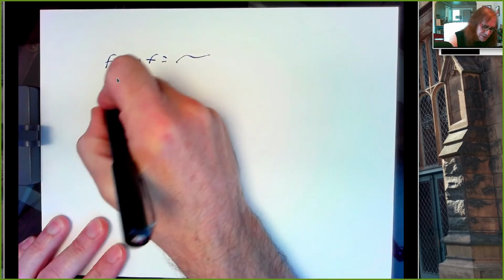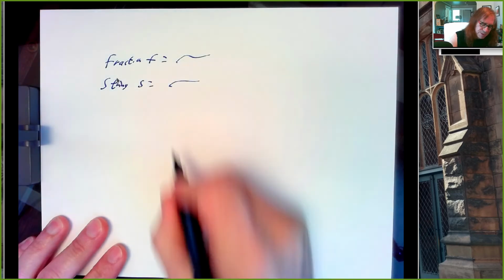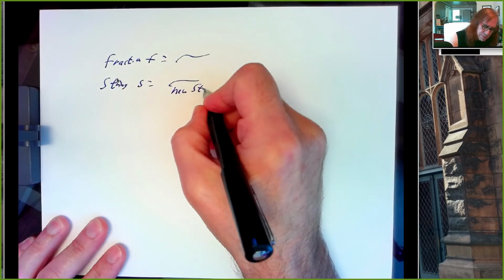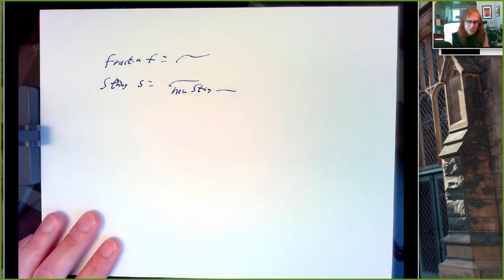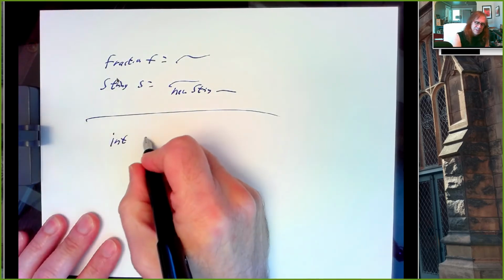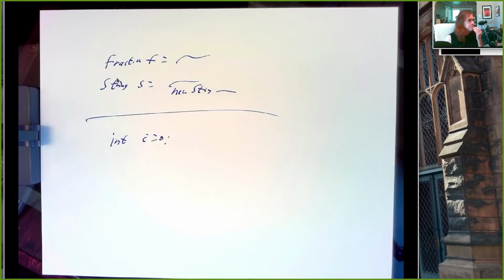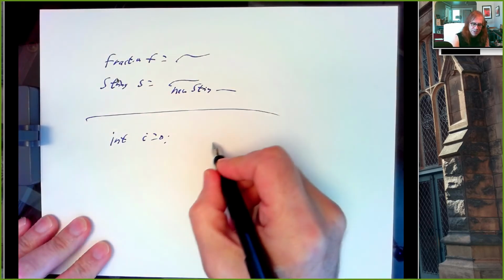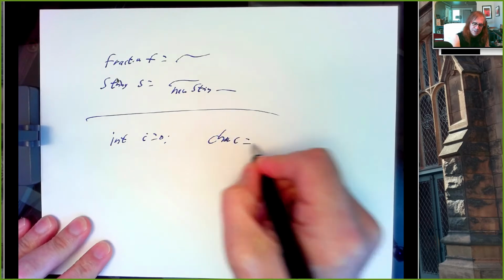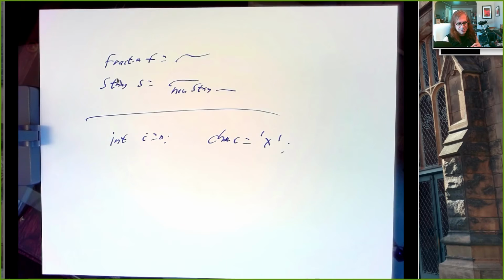If you want a string, you say String s = new String(), and so on. But you'll see me do things like int i = 0, and I'm not using the keyword new. Or we could say char c = 'x'. And that's valid syntax.